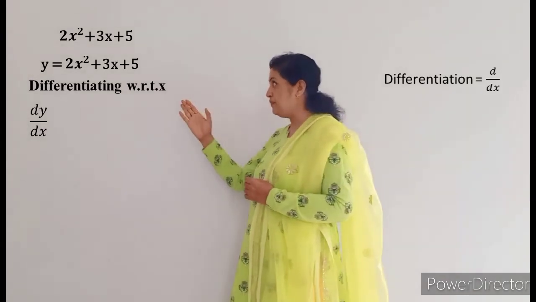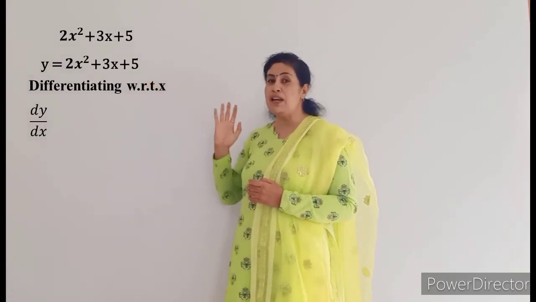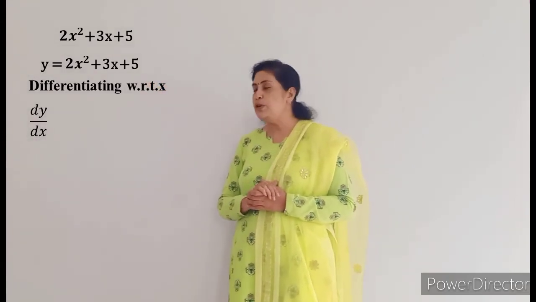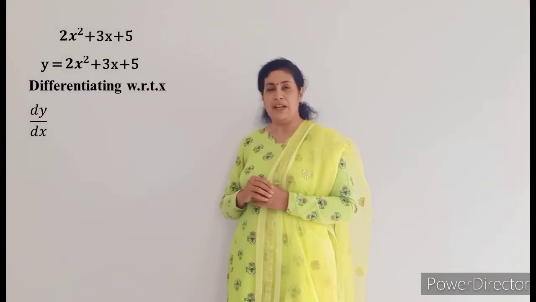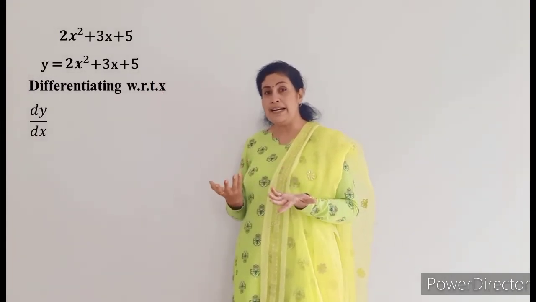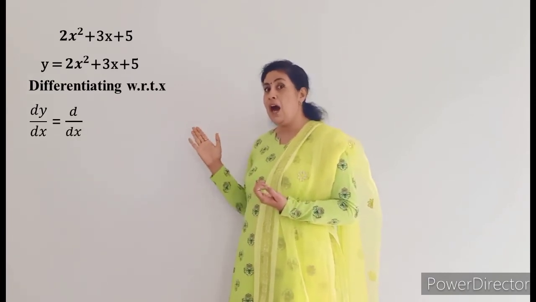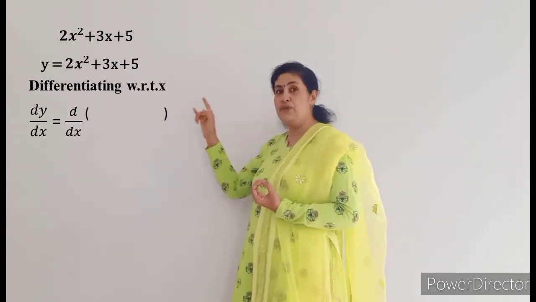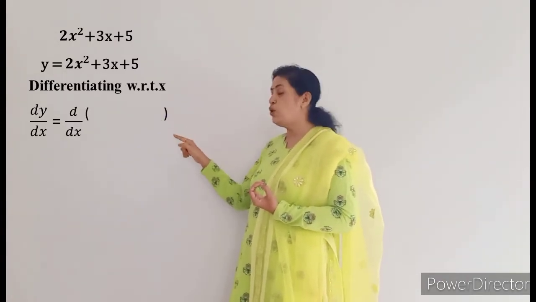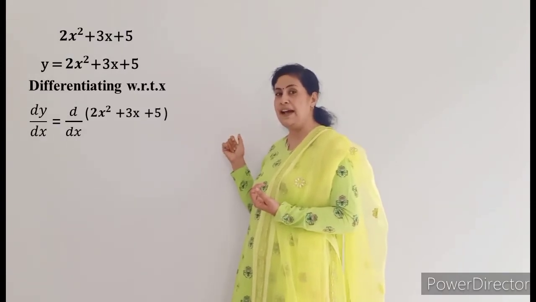But here, since I have represented it with the small letter y, I am going to write dy upon dx. So how do I write it then? It is nothing but d upon dx of, in brackets, the function, that is 2x square plus 3x plus 5.